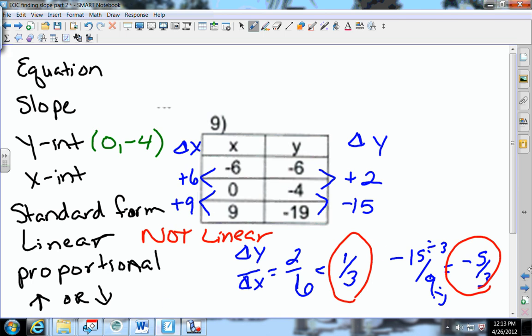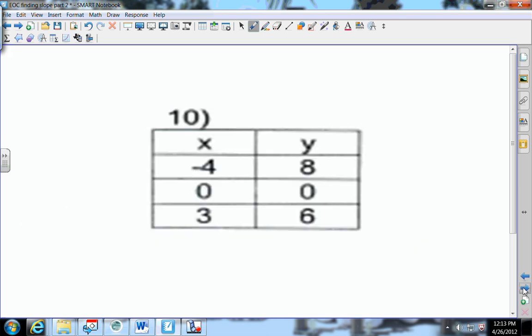Now, for those doing this on the computer at home, you should answer the same questions here, going through and finding the equation, trying to find the X-intercept, the Y-intercept, slope.